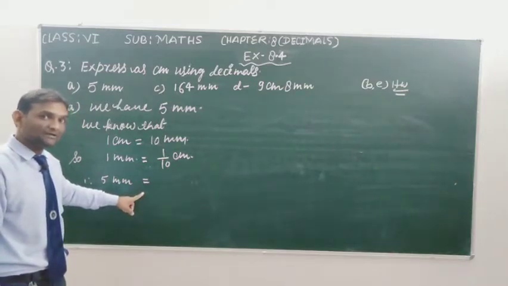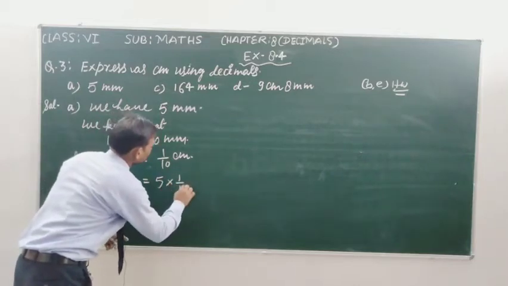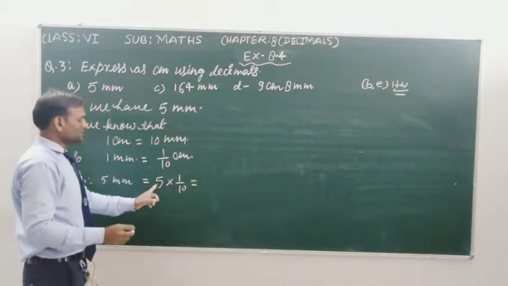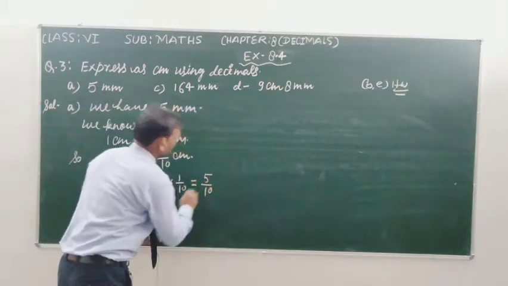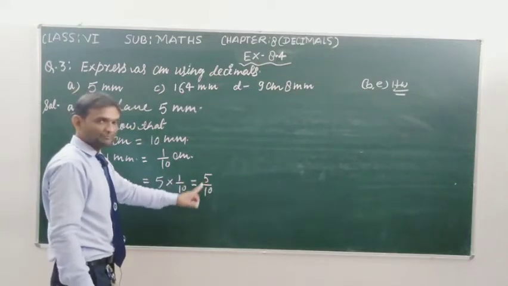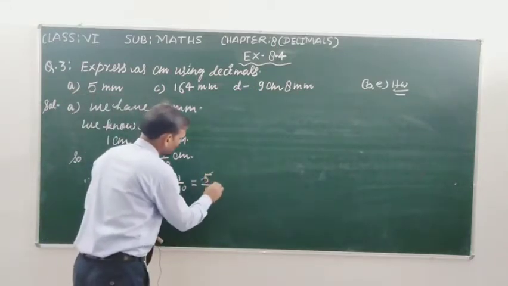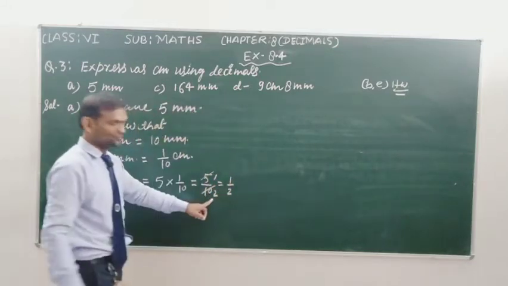You can apply here the unitary method. So 5 into 1 upon 10. When you multiply 5 by 1 upon 10, you get 5 upon 10. If you write it in simplest form, you will get 1 and 2.